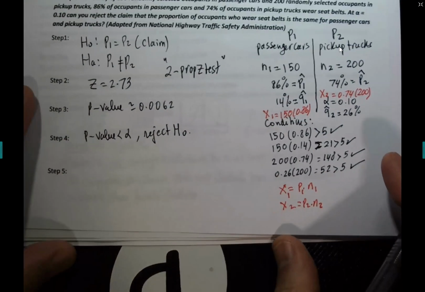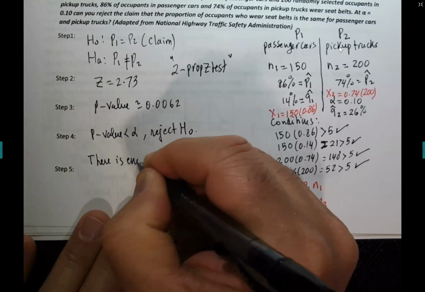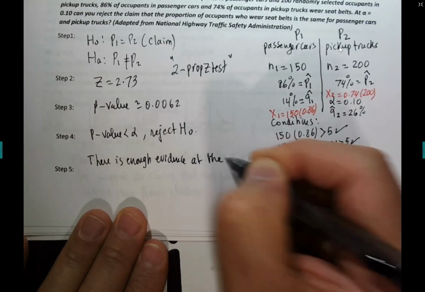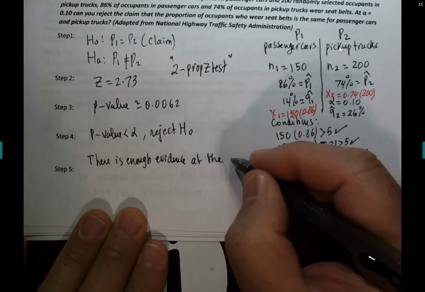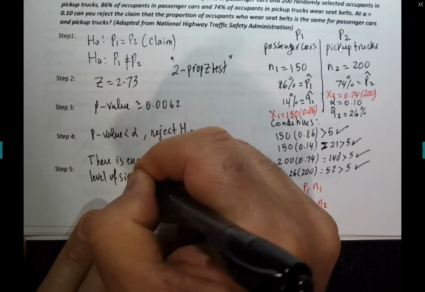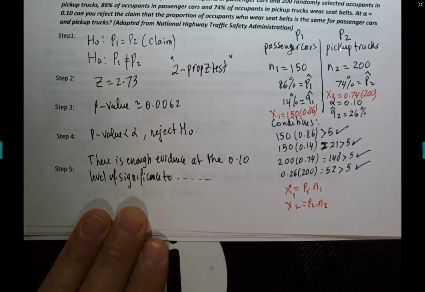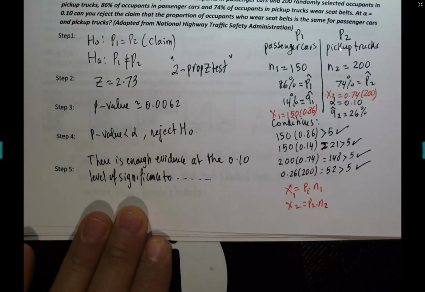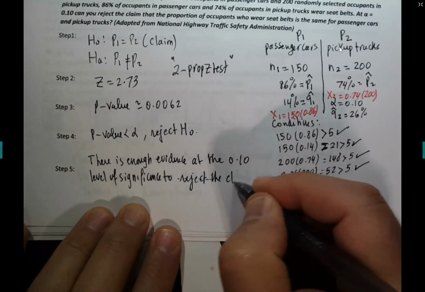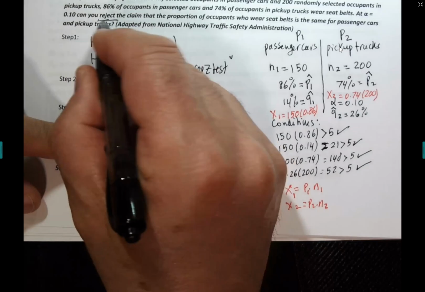And let's write the conclusion now. There is enough evidence at the 0.10 level of significance to, what's the magic word? Remember, the claim is in H0. To reject the claim, see, you have to use the word reject.